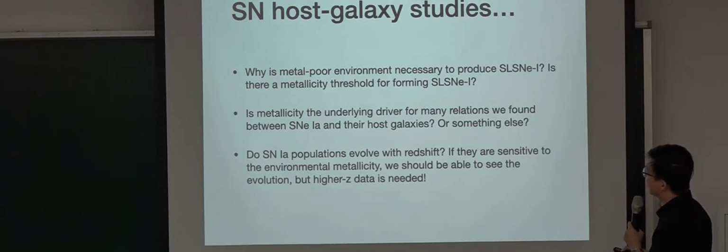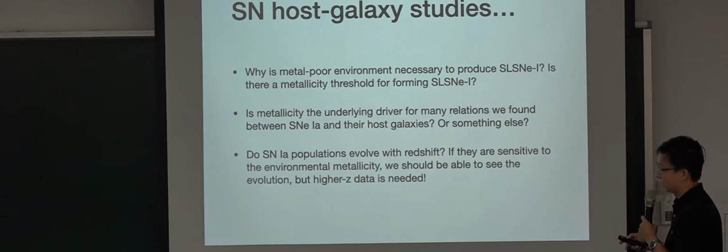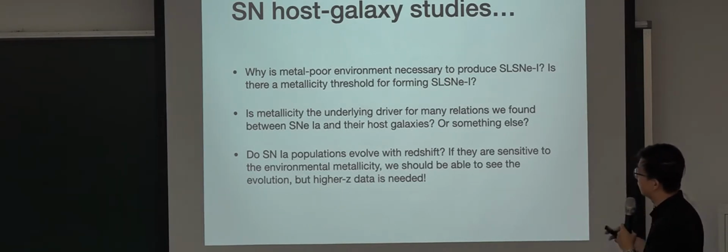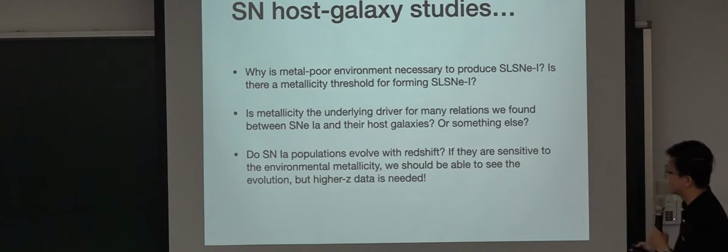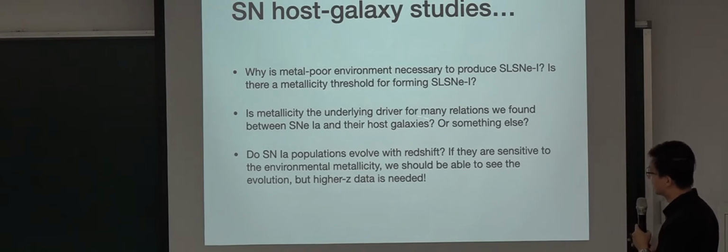Second, we have been talking a lot about the relationship between type Ia supernova properties, for example their luminosity or ejecta velocity, and the host galaxy properties. But is metallicity really the underlying source driving these relations? I don't know. There are also some people who propose age might be important, but this is still debated.